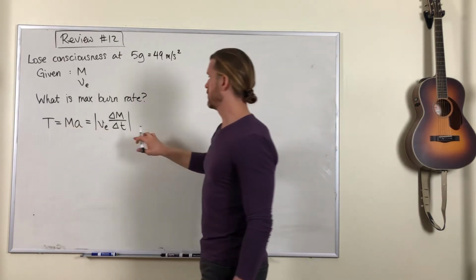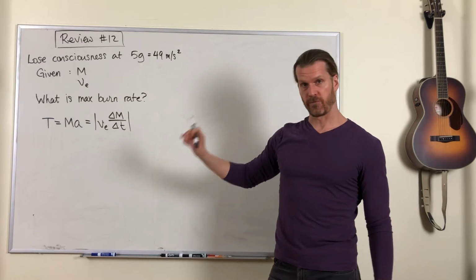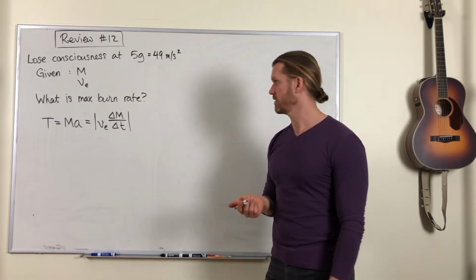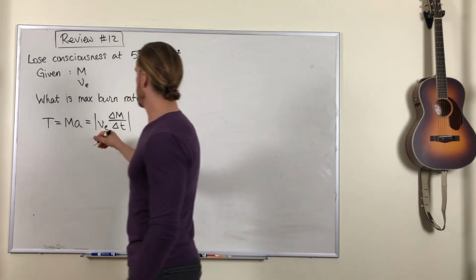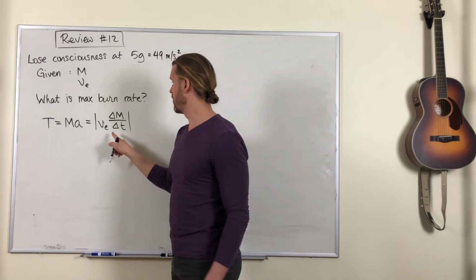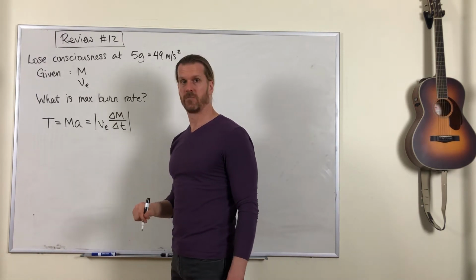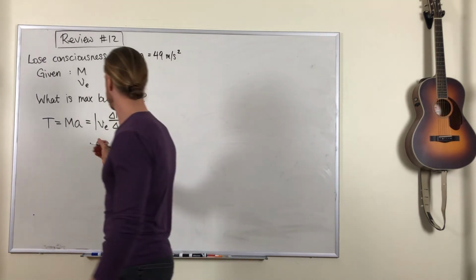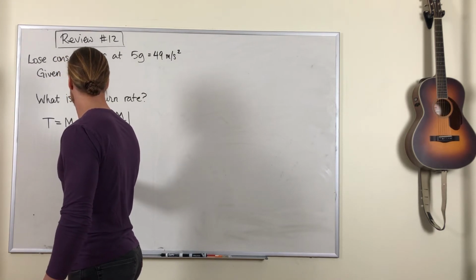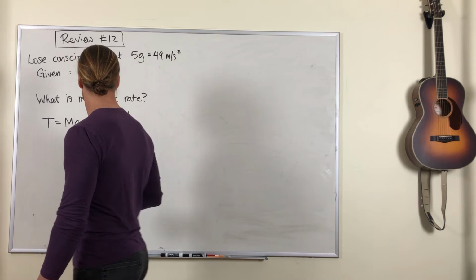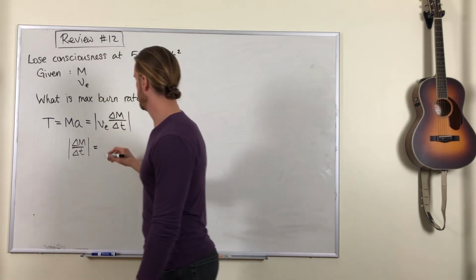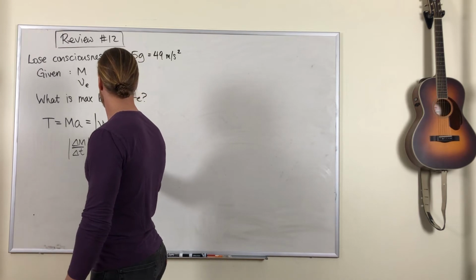So we have our equation for thrust of a rocket, the force of a rocket, which was derived in the chapter. Let's rearrange this equation to solve for delta m over delta t, the burn rate. All we've got to do is divide both sides by the exhaust speed.